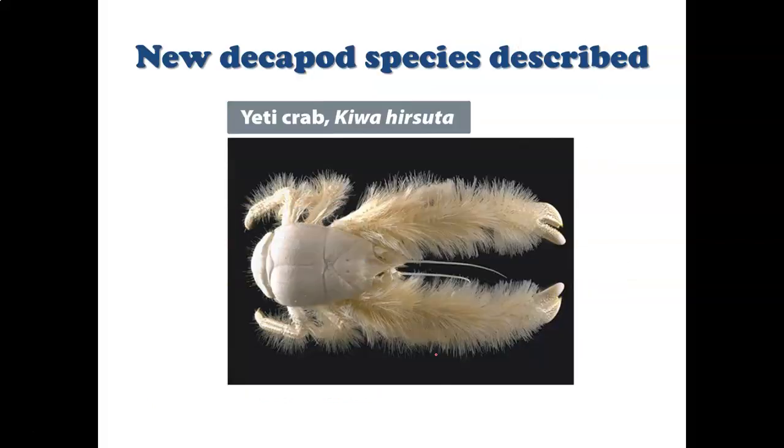Crustaceans are highly diverse, and scientists are finding new crustacean species, and they're estimating that there may be millions of crustacean species yet to be discovered at the bottom of the ocean. This is a new crab that was found by a joint French and Indonesian team, and I just think it's got a great name. It's called the Yeti crab.